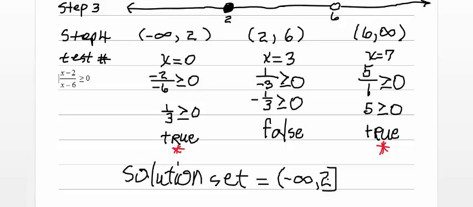So to show the 2 is included, I put a bracket around the 2. Unite it with all of the numbers bigger than 6, which is the interval 6 infinity. All the numbers smaller than 2 is the interval negative infinity, comma 2, including the 2. And that's my solution set.